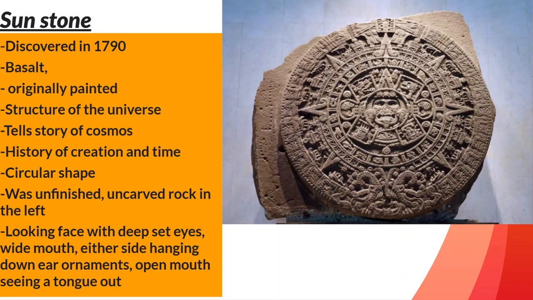So each little animal here represents a different era of time within the cosmos. So the Aztecs looked at time as the entire world was created and destroyed and then created again. So that's what their cycle is: creation, destruction, creation, destruction. And that destruction would only happen when the people were basically at their worst.